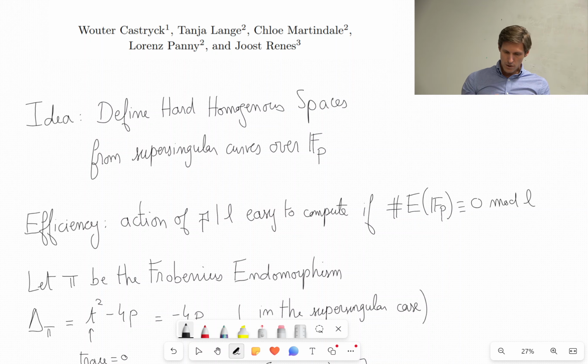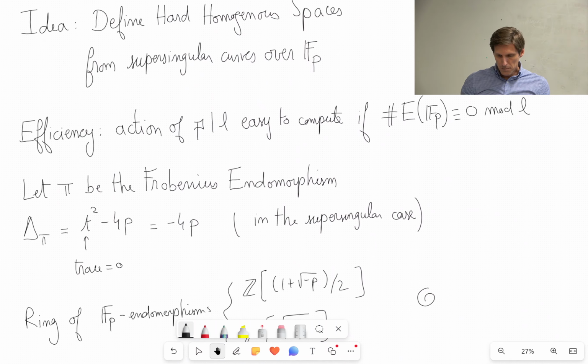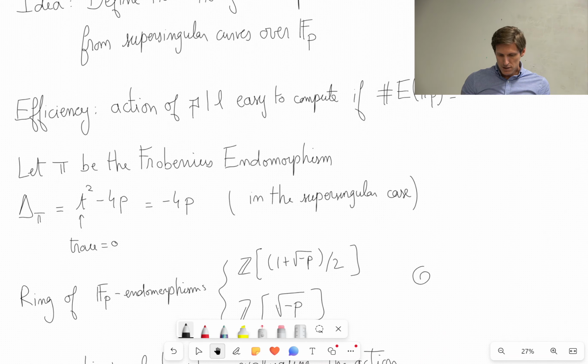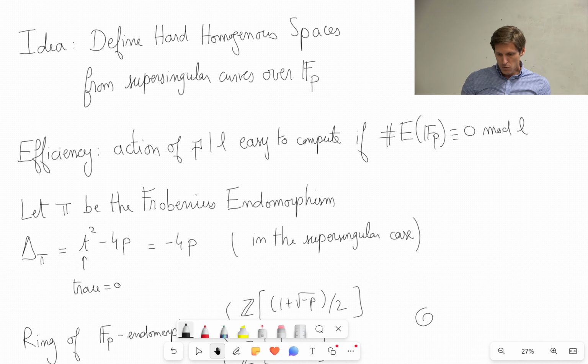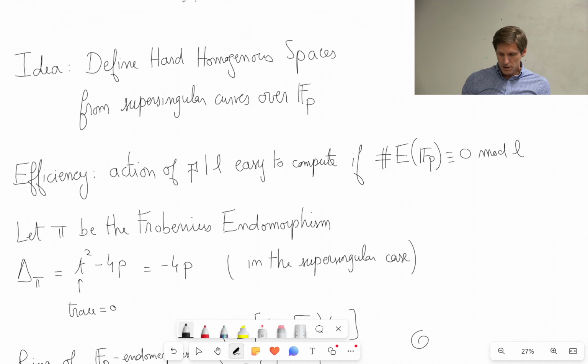So when you're trying to calculate actions of small primes, you're also hoping that those primes generate rational kernels. Essentially what that means is in this case you want the cardinality of the curve to be zero mod the l's that you're going to be using in order to act on the curves.